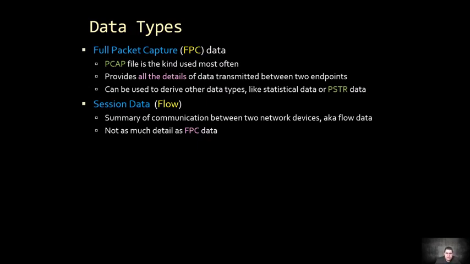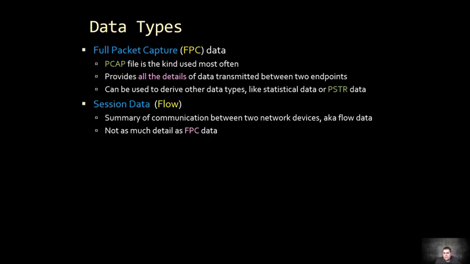It provides all the details of the data transmission from point A to point B. Every single log. It's like recording a phone call on the line or something like that.